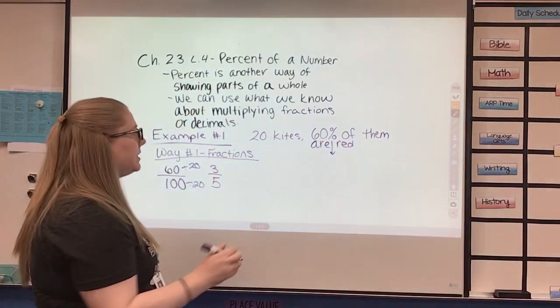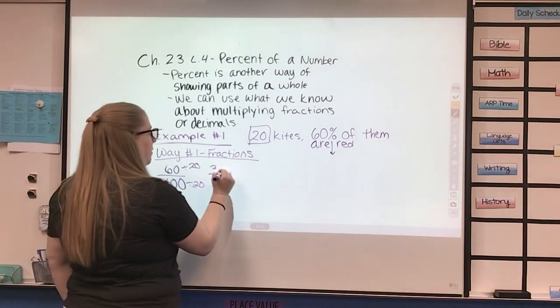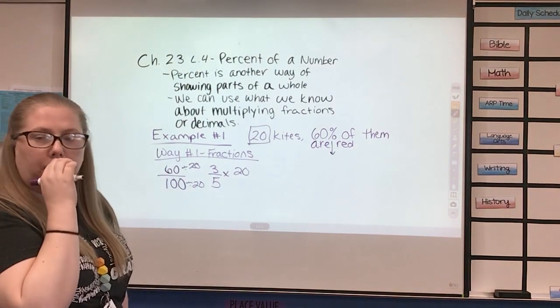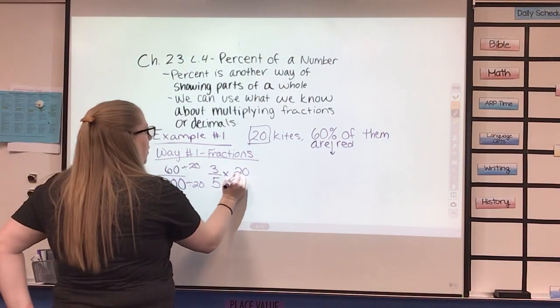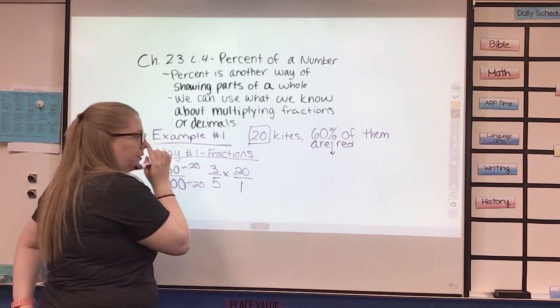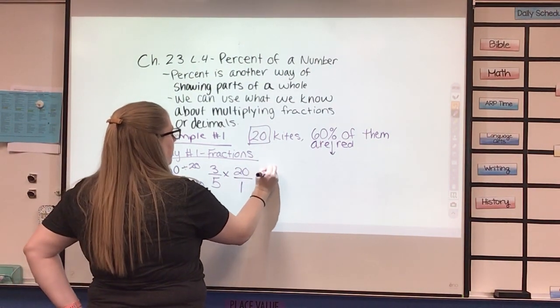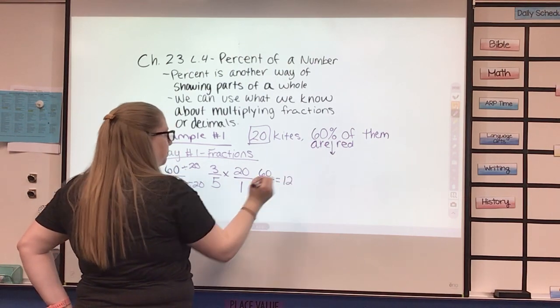Okay, so now I'm going to take 20 and I'm going to multiply it by 3/5. Okay, what do I do when I have a whole number? When I want to multiply fractions, I'm going to put this over 1. Okay, now there's 2 ways you can do this. You can just multiply and get 60 over 5, which will equal 12.